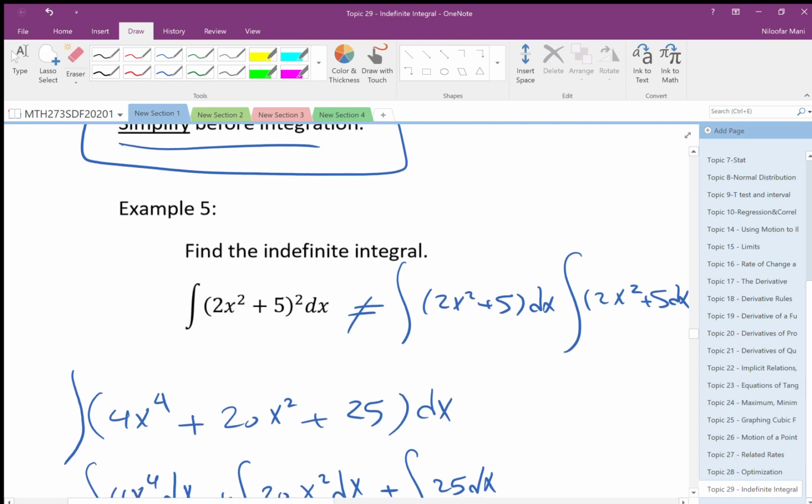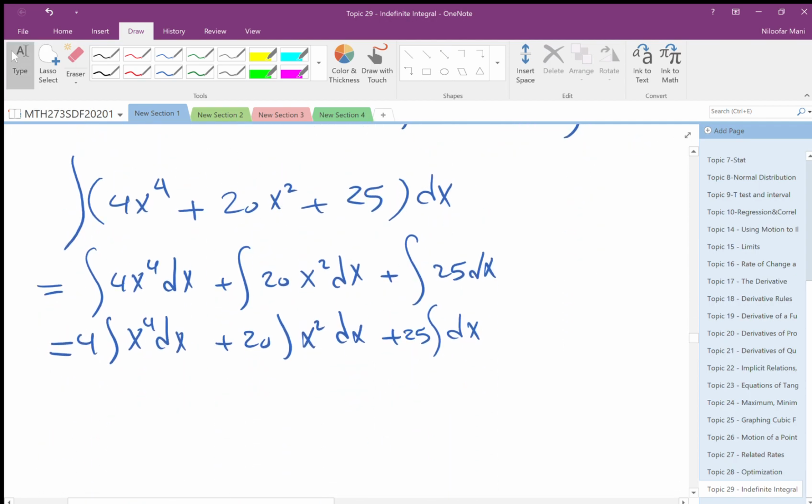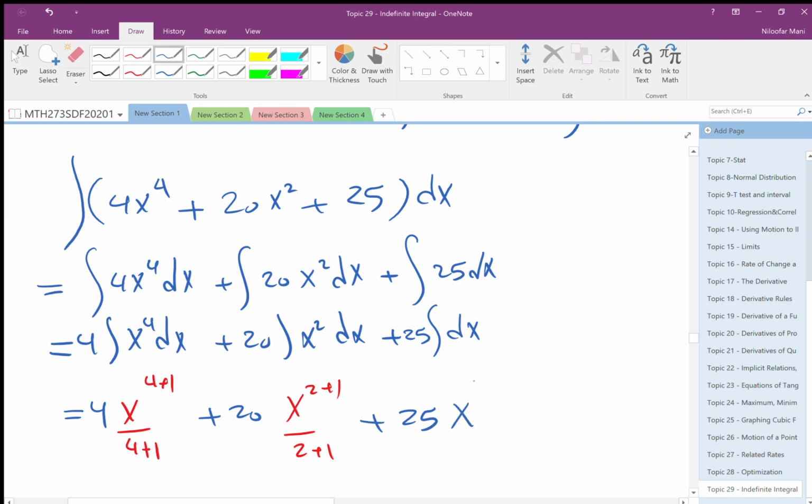Okay, so yeah, and then it is 4 x power 4 plus 1 divided by 4 plus 1 plus 20 x power 2 plus 1 divided by 2 plus 1 plus 25 just x, because the derivative of x is 1.